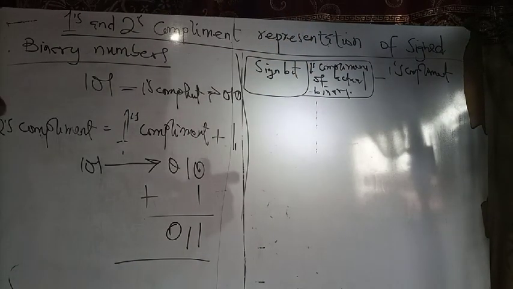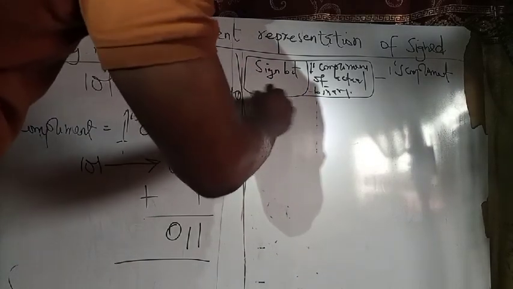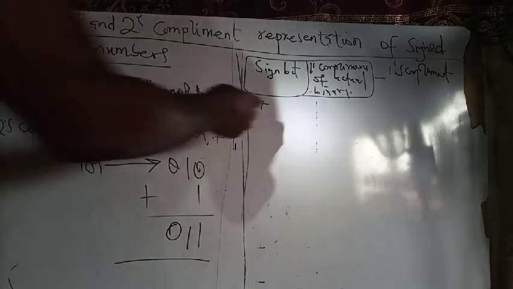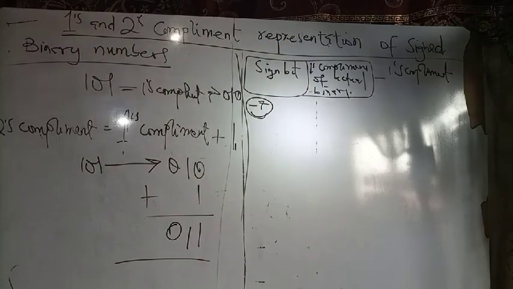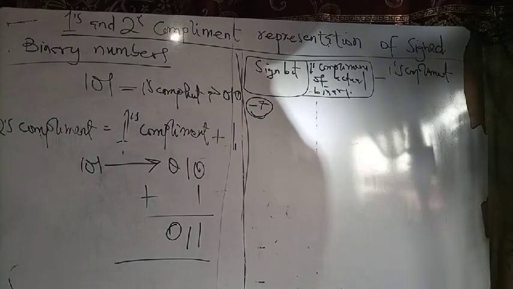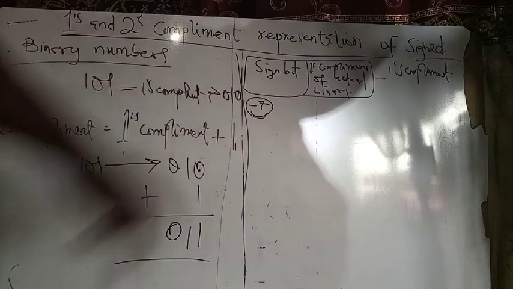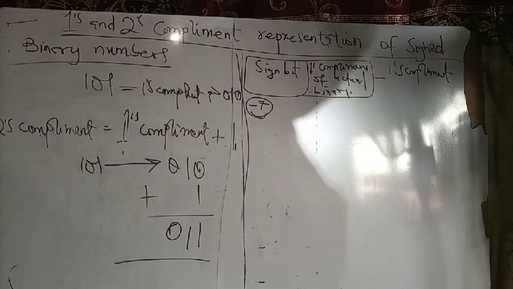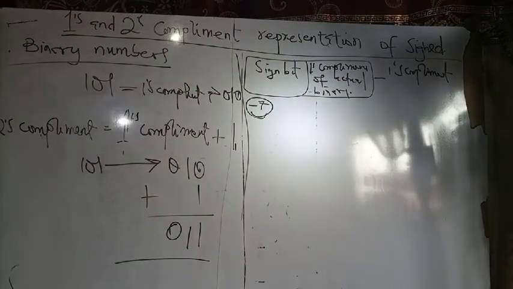So let's take this example. Let me say, for instance, I have -7 and I want to get the one's complement of -7. There are several ways to get the binary of 7. Someone will say, let's go this way.